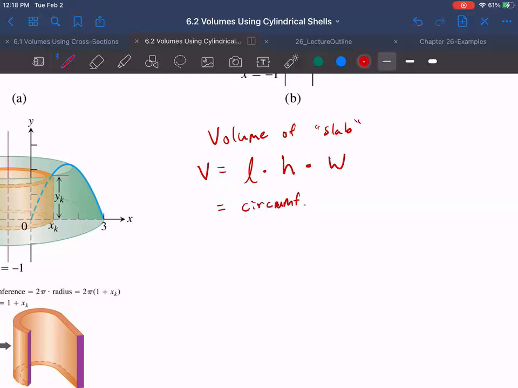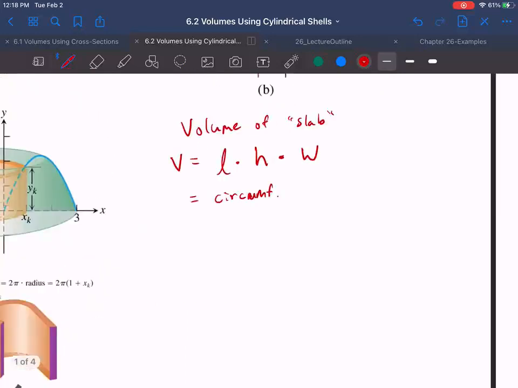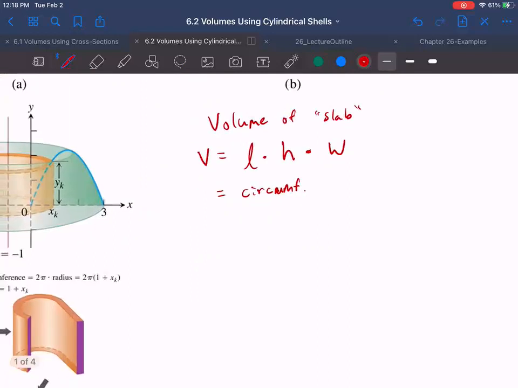That's the circumference. That's this down here. This is the circumference of the circle. The height of it is simply our f of x value, right?